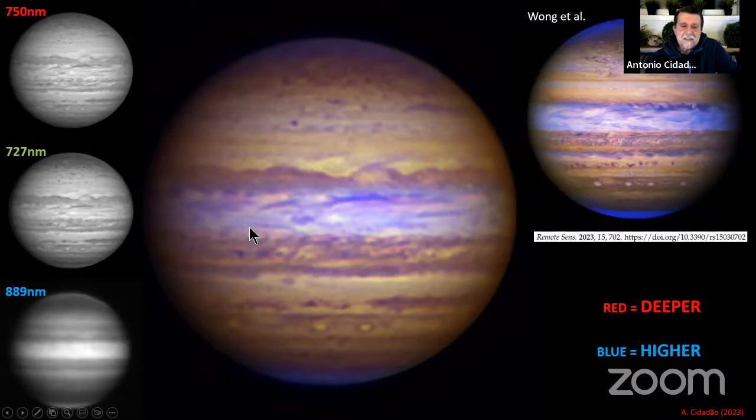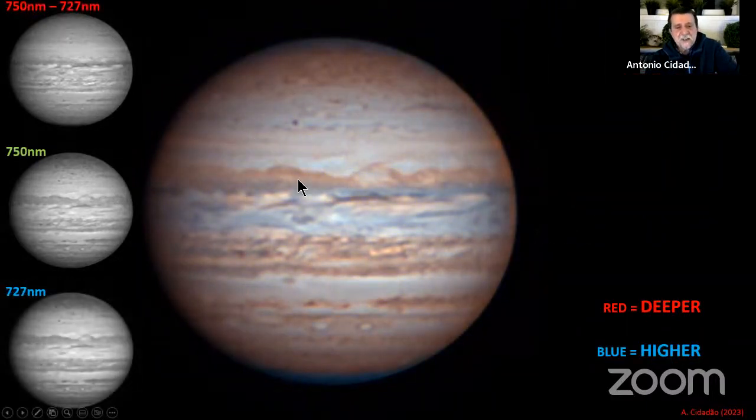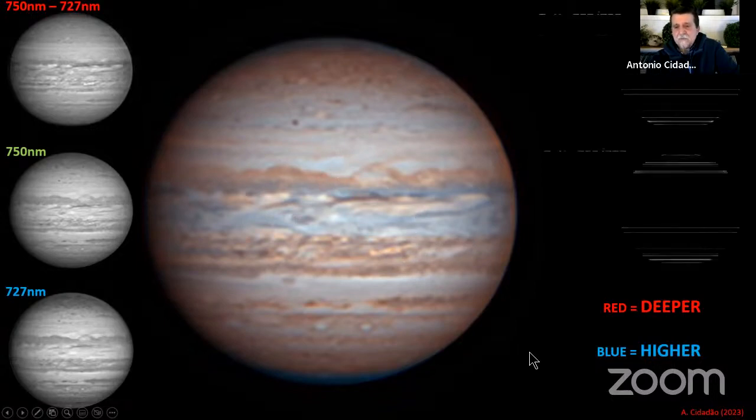So similar results, with very different resolution of course, can be obtained. If you change the combination a little bit, skipping the 889 nanometer and only using the 727 system and the subtraction between those filters, you can also have this kind of color-coded image that maps red, which is deeper, and bluish, which is more superficial.